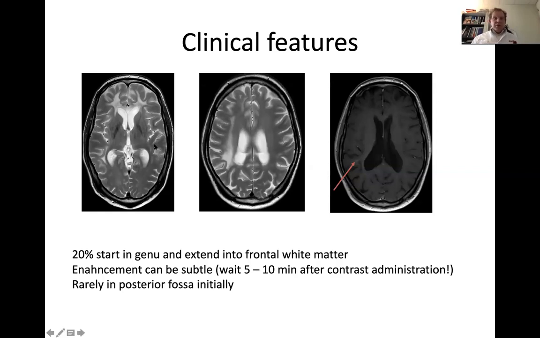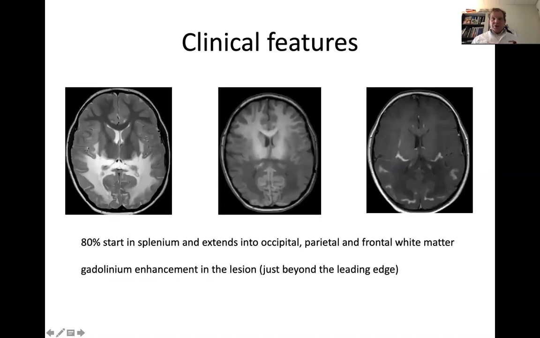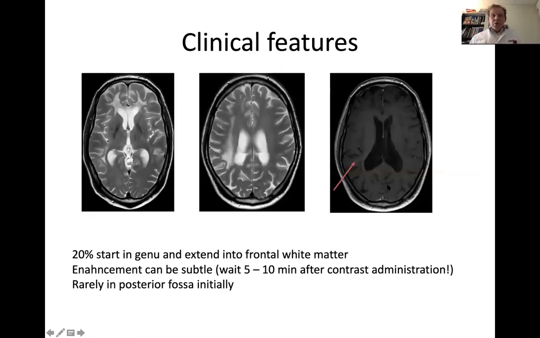As you saw in the last slides, enhancement is very easy to recognize. And we know this is a pediatric case, but enhancement can also be very, very subtle, especially in adult presentations, which are generally less progressive.